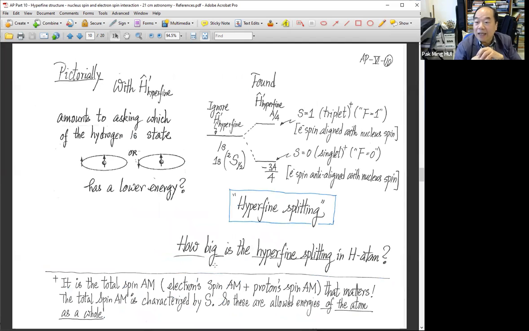So here is the picture. 1s ground state of hydrogen, but when we include the nuclear spin effect, that will split into slightly higher, A over 4, slightly lower, minus 3A over 4. Notice that this is not equal to that, right? Because one is plus A over 4, one is minus 3A over 4.